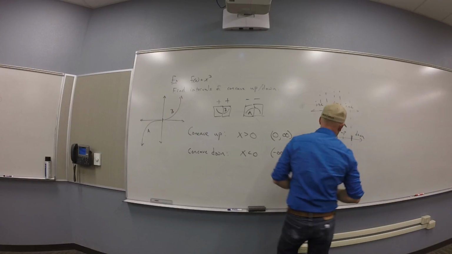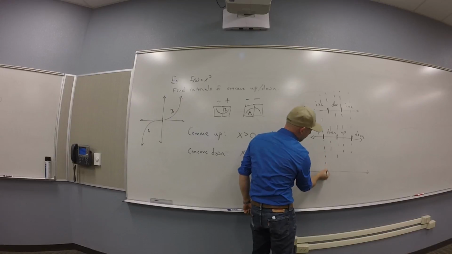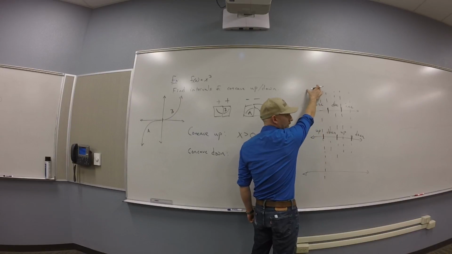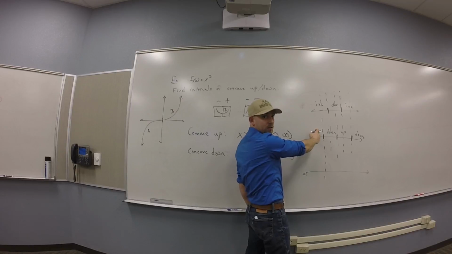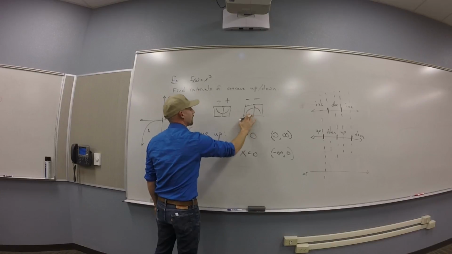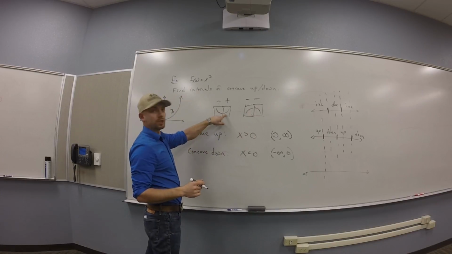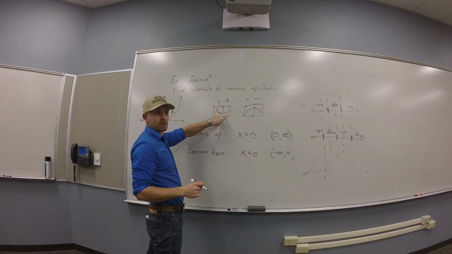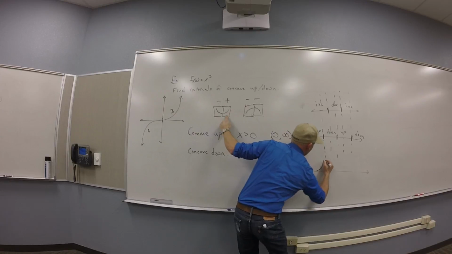So if I'm going to add this up, in this segment right here, it's increasing and concave up. Which one of your four pieces looks like increasing and concave up? Right. So it's got to be concave up, so it's in this one, and it's increasing, so it's that one. So my picture is going to look like that in there.